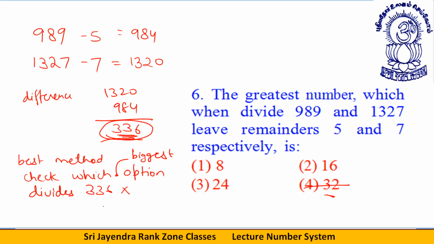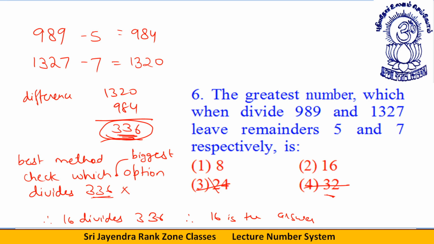See, 240 plus this will be 116. No, 24 does not divide, but 16 definitely divides, 320 plus 16. Therefore, 16 divides 336. Therefore, 16 is the answer. Very easily done. Okay.